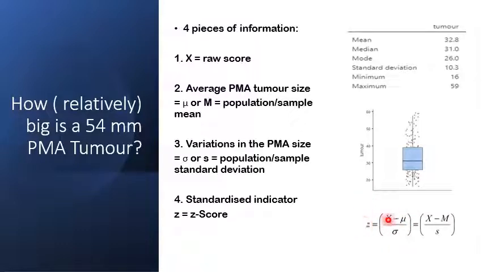Number one is the raw score itself, the 54 millimeters. Number two is the average tumor size, which is 32 millimeters something, and we divide this by the standard deviation, the 10 millimeters, and then we can obtain the Z-score. And this will give us an idea about its standardized position in the distribution.